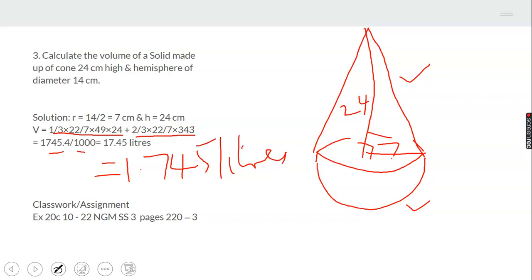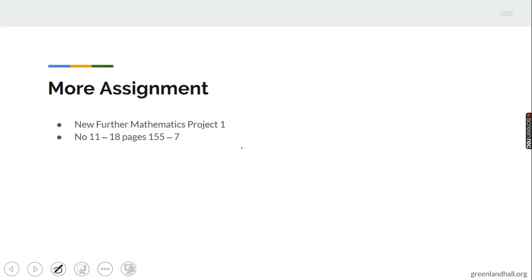Here are the assignments below. They are taken from the same exercise, but number 10 to 22 from New General Math on the same pages. More assignments here for you, taken from Further Mathematics Project 1, number 11 to number 18 on pages 155 to 157.